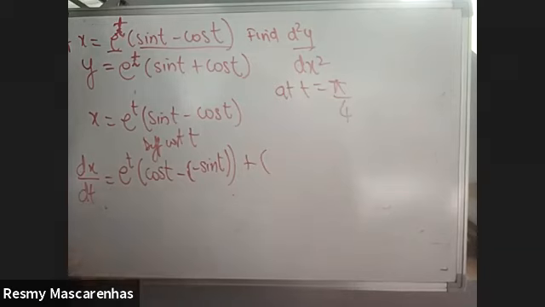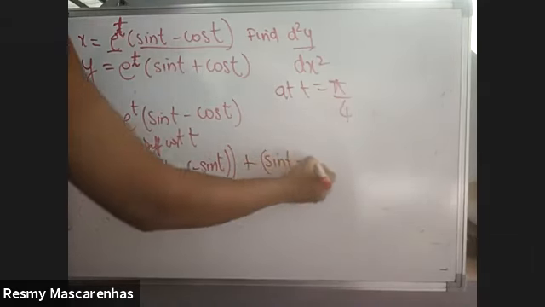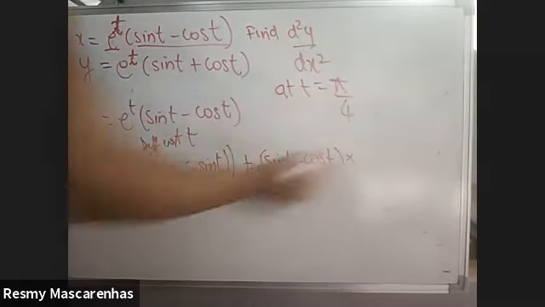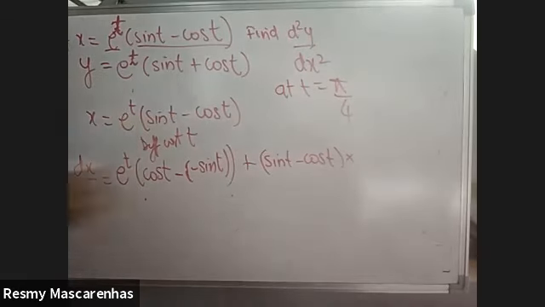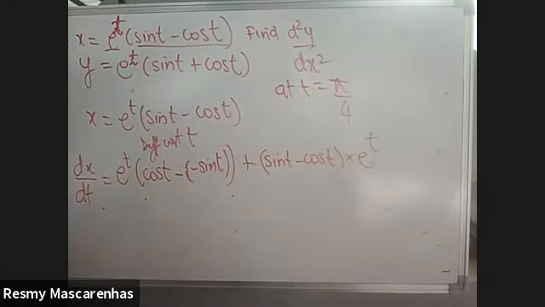Sin t minus cos t, derivative of e raised to t will be e raised to t only. Okay, u into derivative of v plus v into derivative of u. And now open up the bracket.